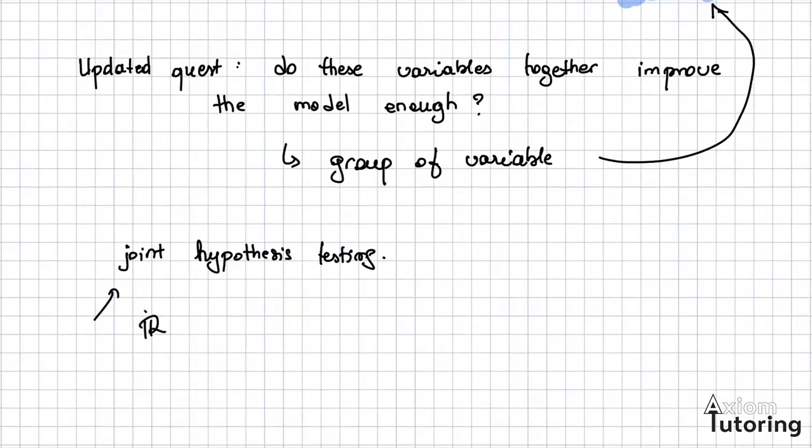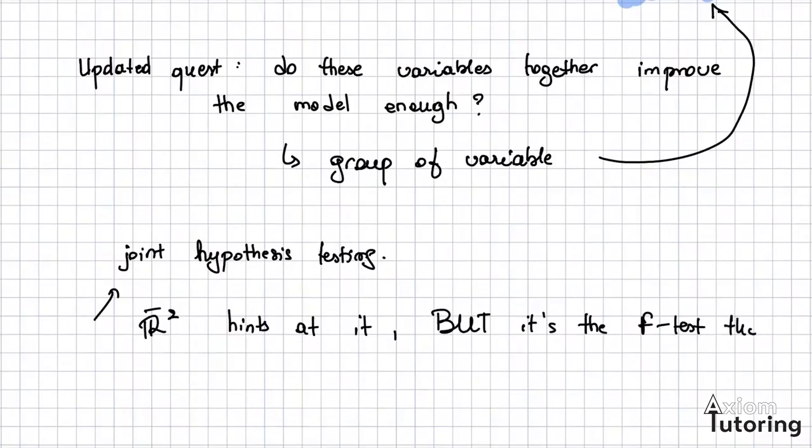Adjusted R-square hints at it, but it's the F-test that formally tests it. So overall, remember that when R-squared increases but adjusted R-square falls, the added variables didn't improve the model enough jointly.